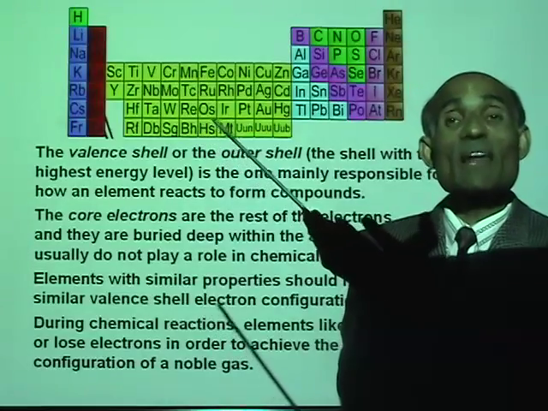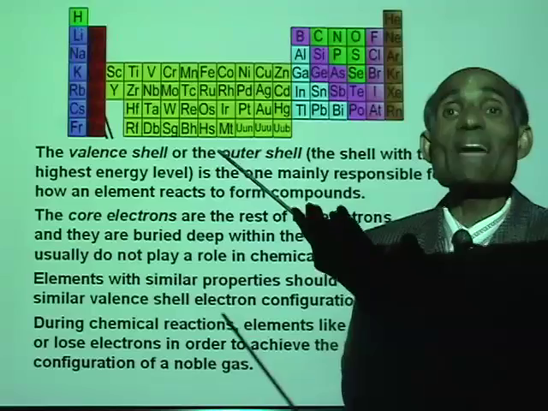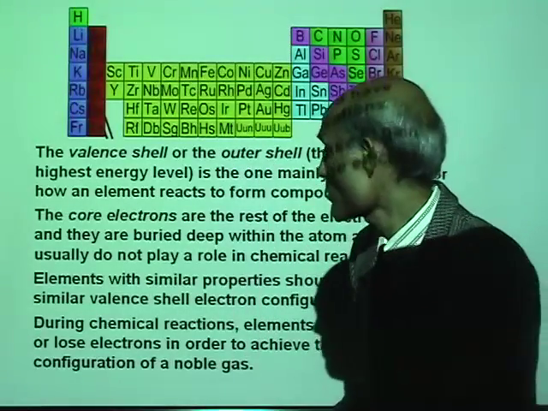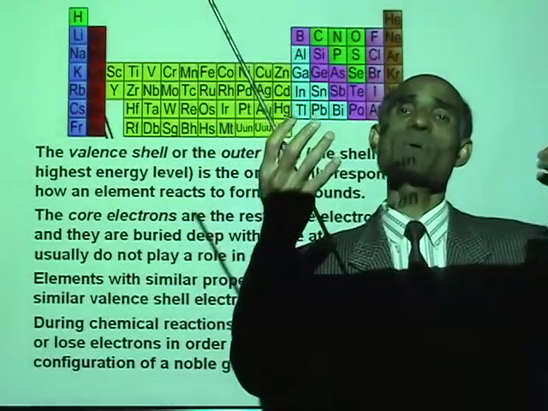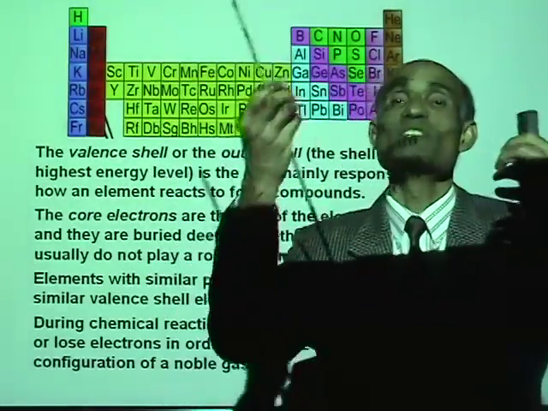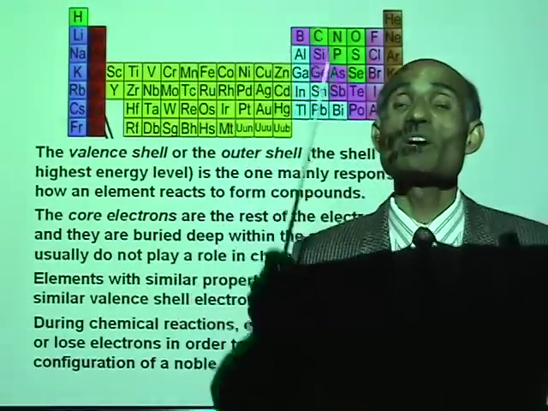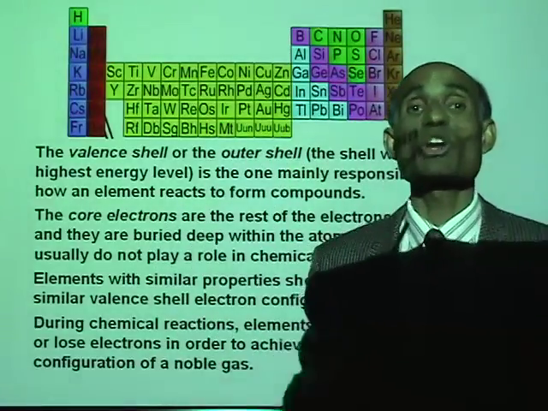You see, every element wants to get that 8-electron outer valence shell structure. That is the incentive for chemical reaction. So, during chemical reaction, some elements will lose electrons, some others will gain electrons in order to achieve that 8 electrons or filled electron outer shell.